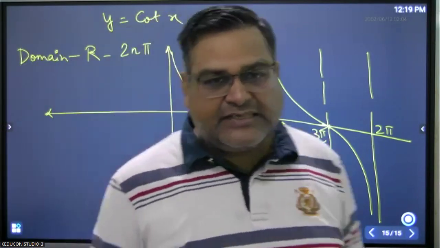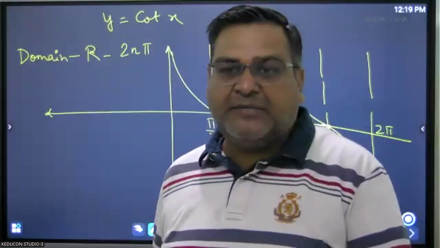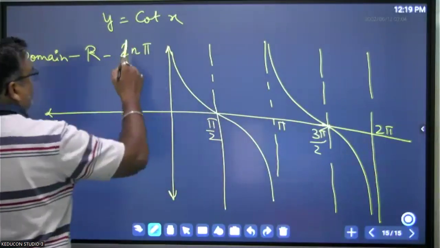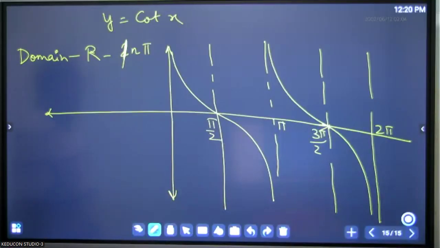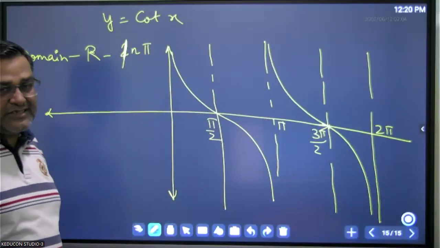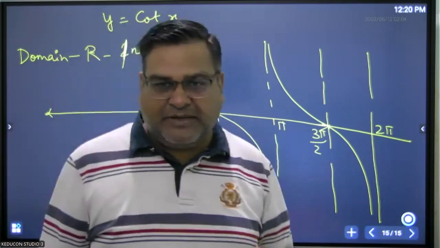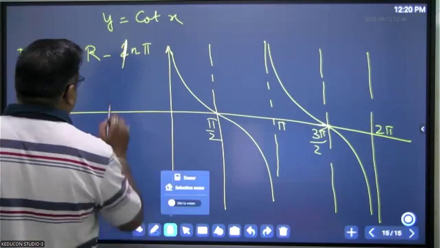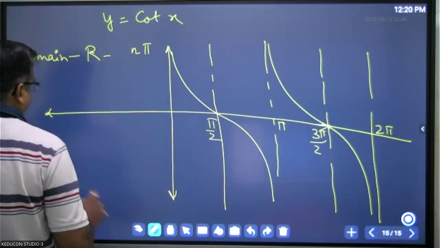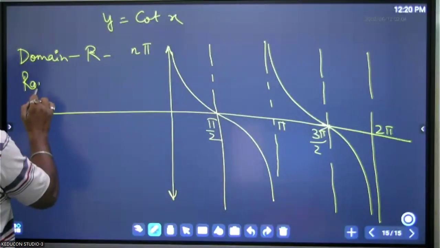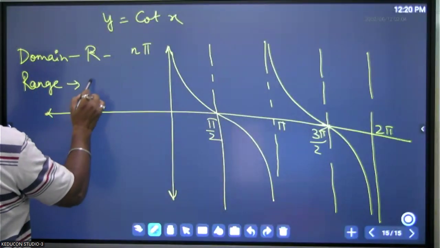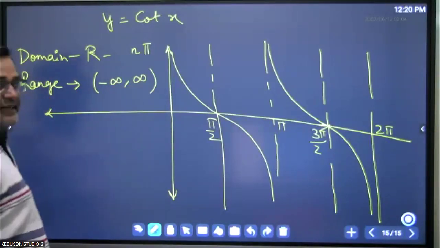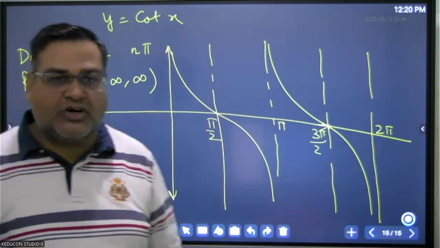When you put n as 1, it will become, no need to put 2. It is n pi, right? Is this clear, students? So that is R minus n pi. So that will be the domain. When you go for the range, it is minus infinity to infinity. This is the range for cot x.